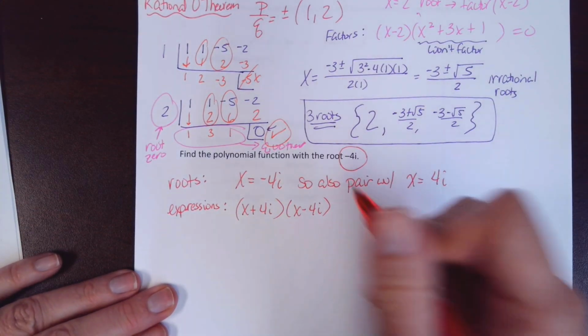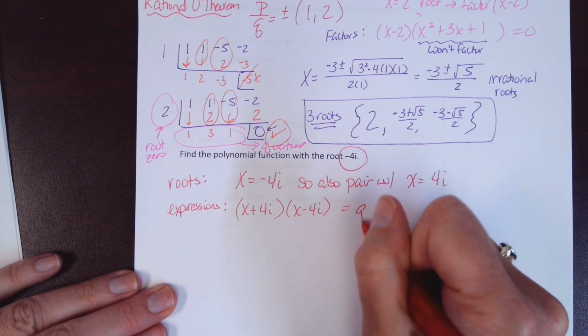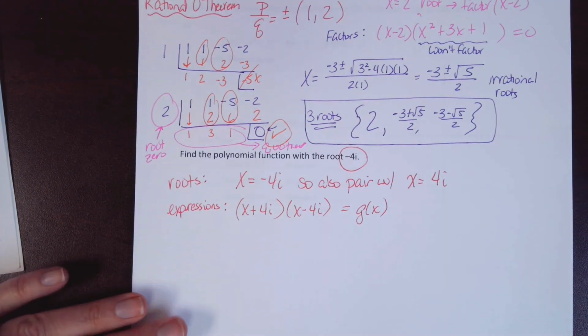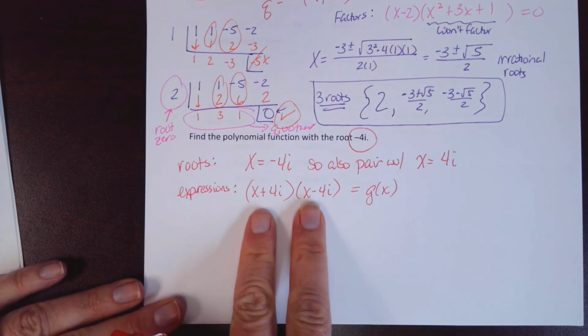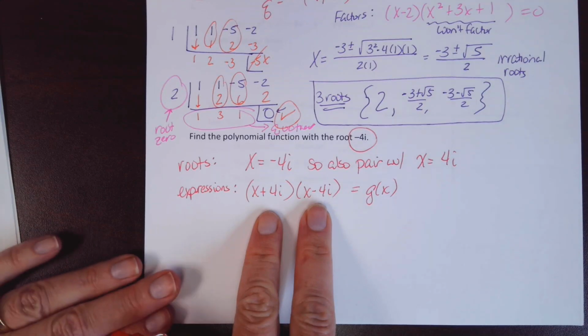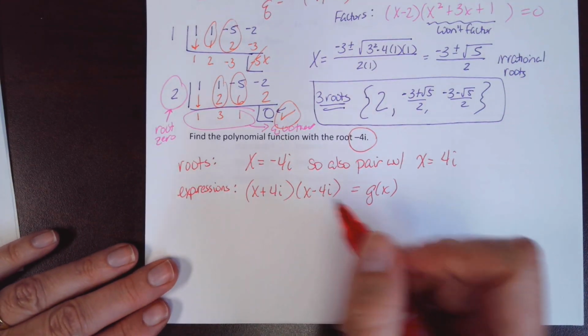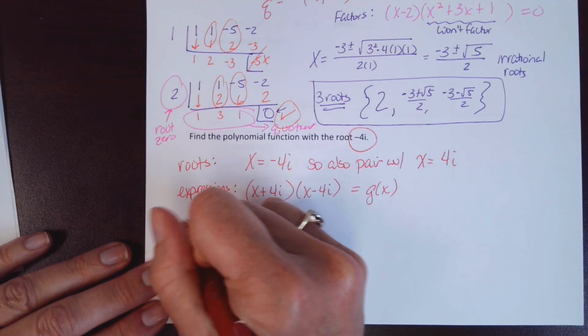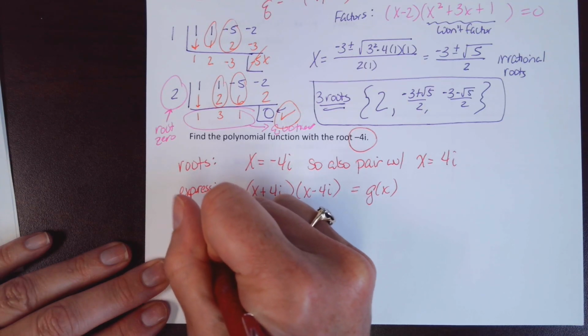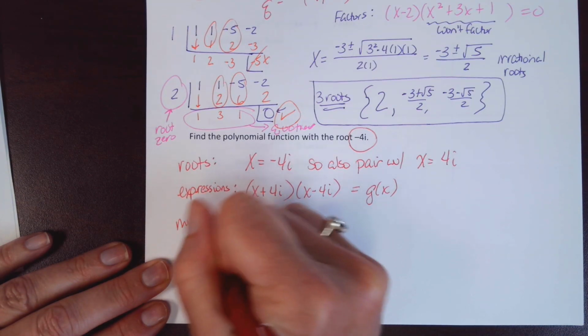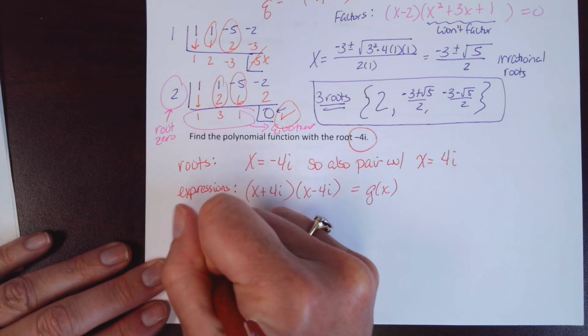And we're finding a function, so let's name our function g of x, polynomial function. Alright, these are conjugate pairs. I need to FOIL these together. I need to multiply them together.